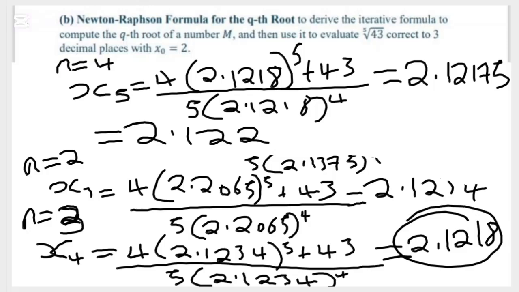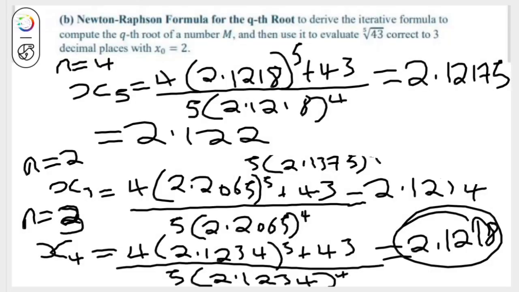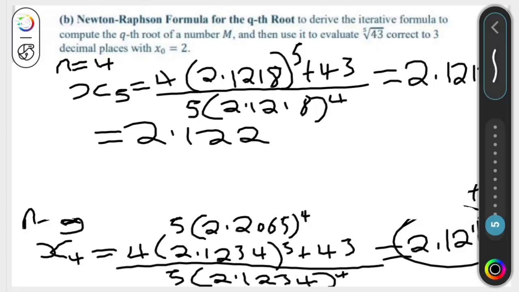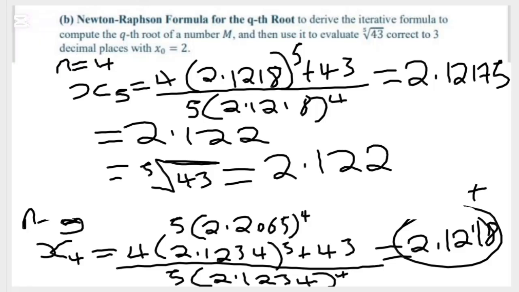If I approximate x4 to 3 decimal places, the 8 will add 1 to the previous digit, and the 7 will add 1 to the 2, so it becomes 2.122. Also, if you press in a calculator the fifth root of 43 to 3 decimal places, you will automatically get 2.122.